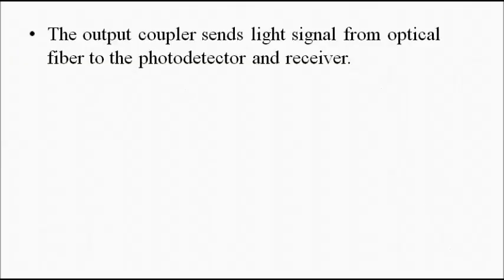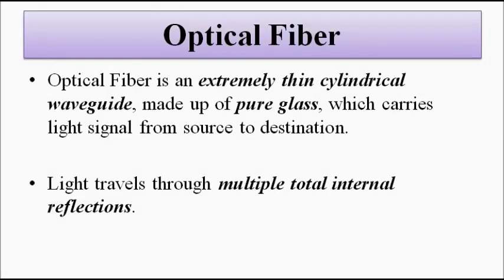Couplers are done. Then we have the optical fiber. Optical fiber again is a very vast topic because it is a separate section in the optoelectronics subject. Basically, optical fiber is an extremely thin cylindrical waveguide. It is basically made up of silica or pure glass, and it carries the modulated light signal containing the data or the information from the sender side to the receiver side, from the source to the destination.